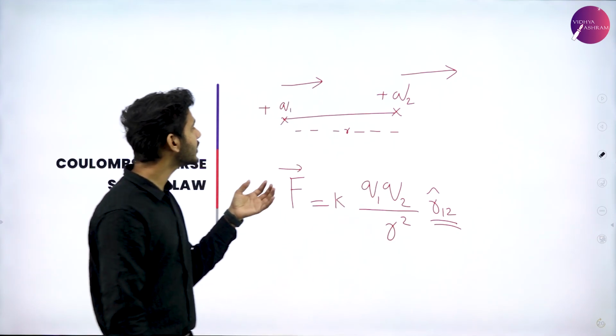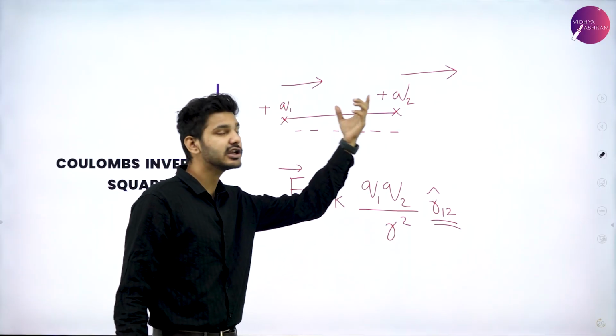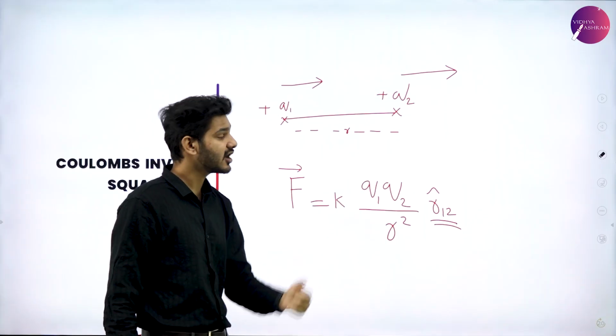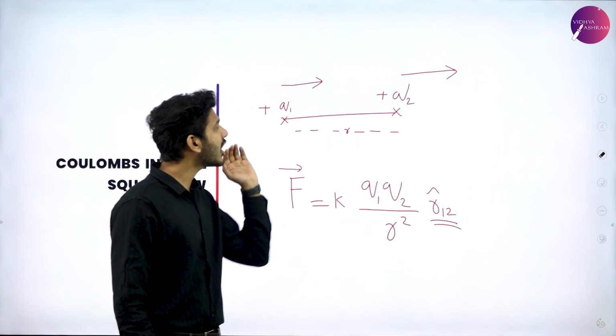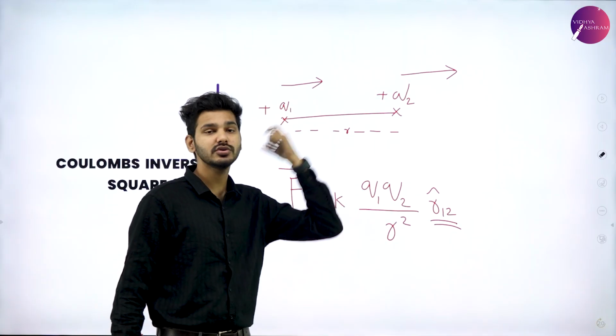For example, we are talking about two point charges, Q1 and Q2. So we have to explain in which direction the force is acting, which is done by the unit vector. And now we have to explain what force is acting on it using these two notations.